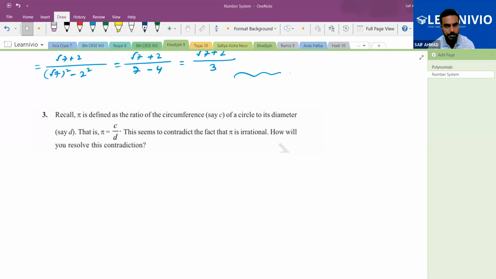Read this question. We call pi is defined as the ratio of circumference, say c, of a circle to its diameter, say d, that is pi equals c by d. This seems to contradict the fact that pi is irrational. How will you resolve this contradiction?